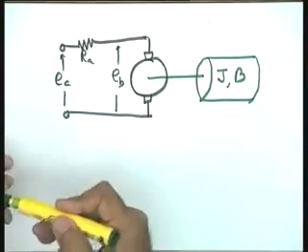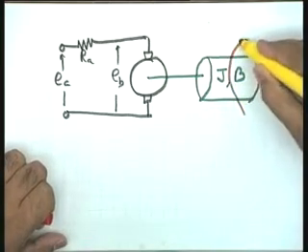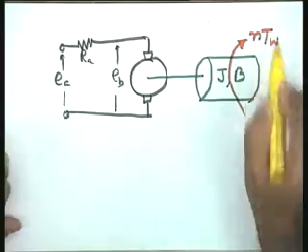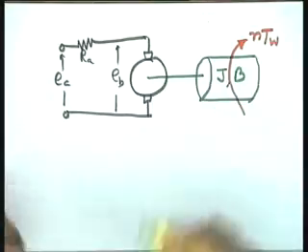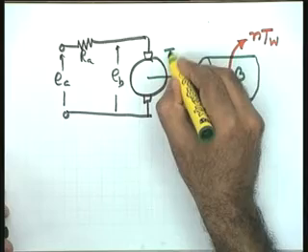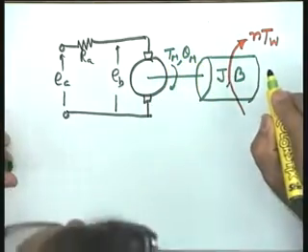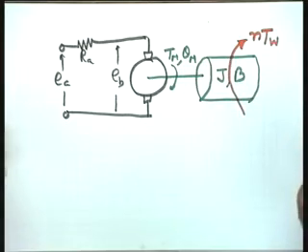So, J and B are the equivalent parameters, and as far as disturbance is concerned, let me take this as the disturbance Tw. Okay. So, in this case Tm and theta m are the two parameters of interest, because this is the torque produced and this is the displacement of the motor.